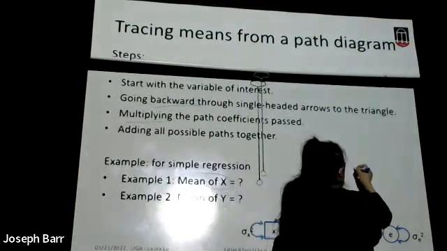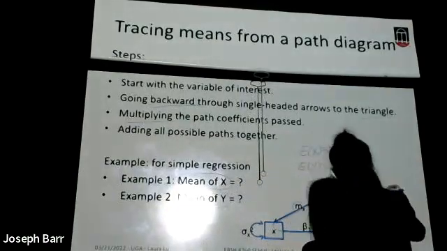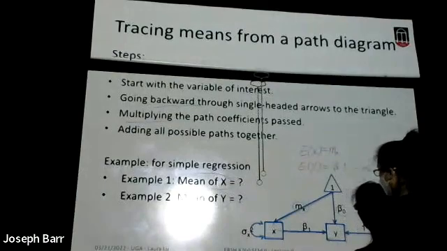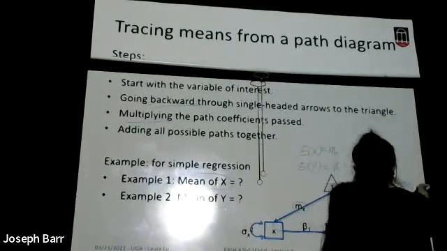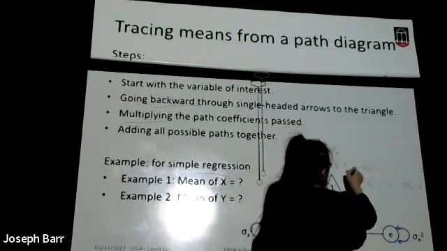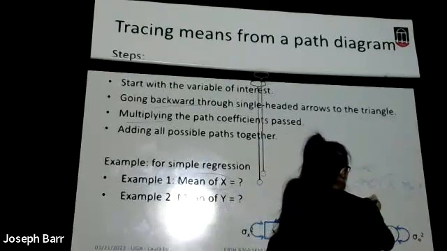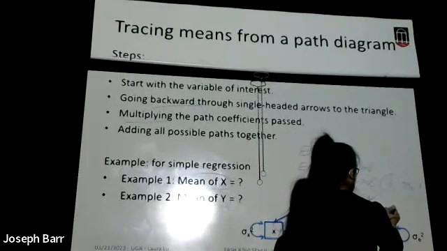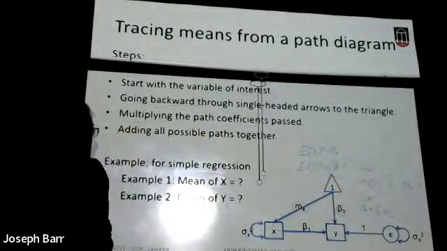So this is one possible component, beta 1 times mx. The other component is beta 0 times 1. So add these two components together, and we have beta 0 plus beta 1 mx. That's it. This is the same as what we obtained before.